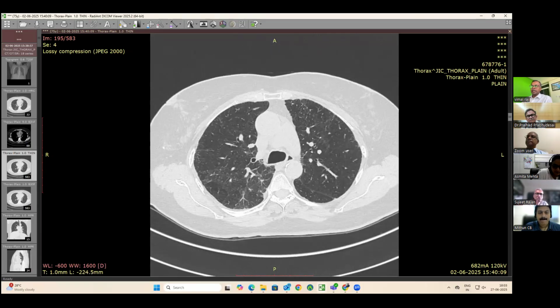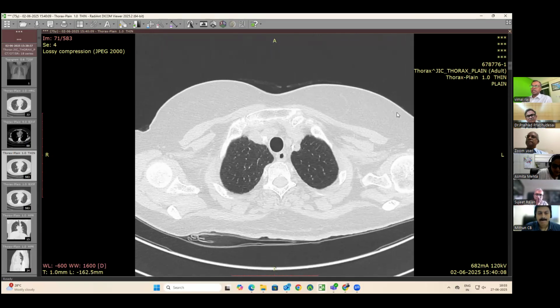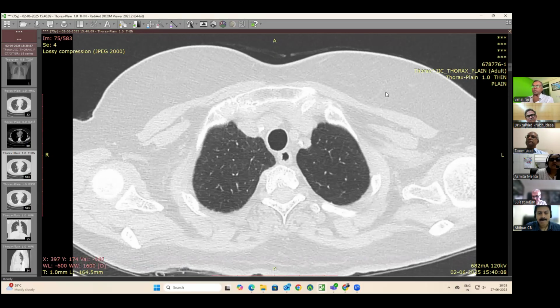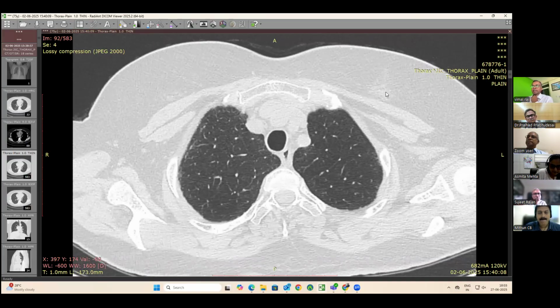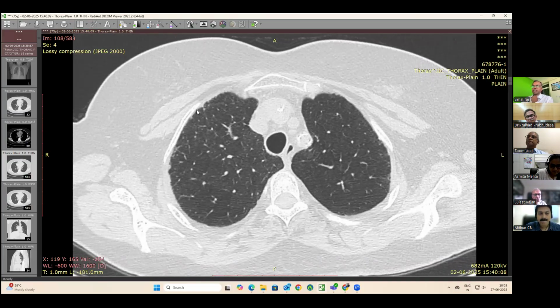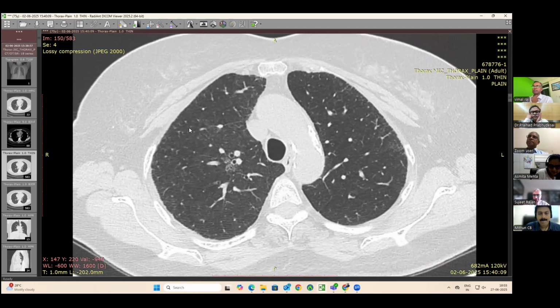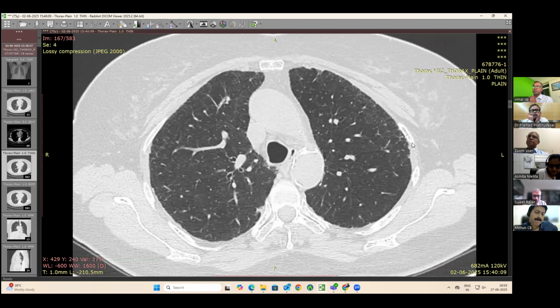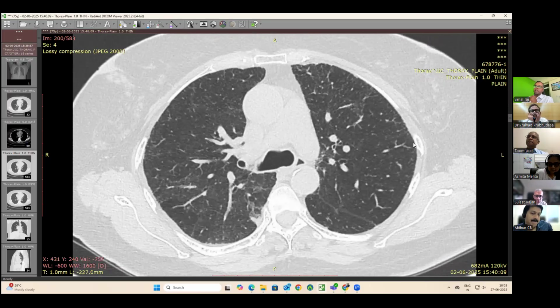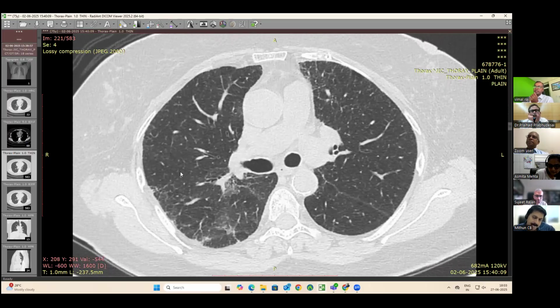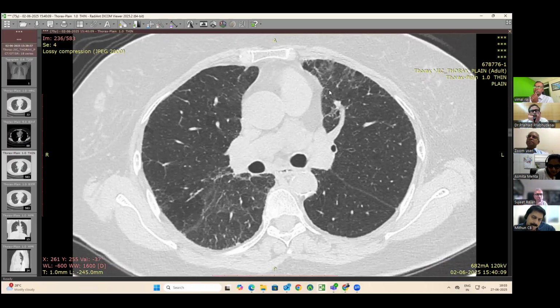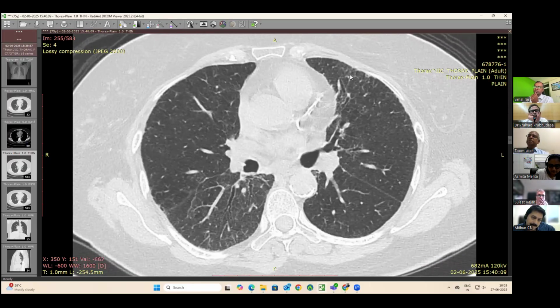When we look at the lung parenchyma, if we start from the top, we can see interstitial changes starting to come towards the periphery of the lungs. All these are showing reticular changes, very subtle and early. And then as we come more towards the base, you get to see more and more changes.